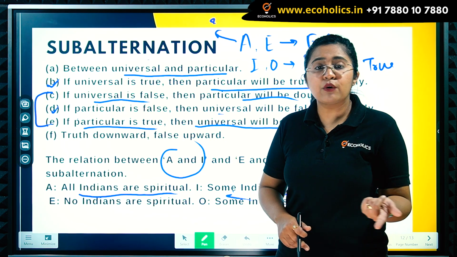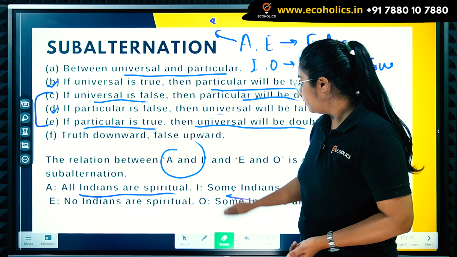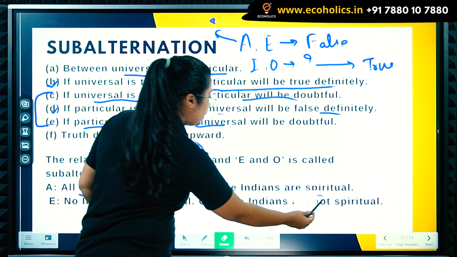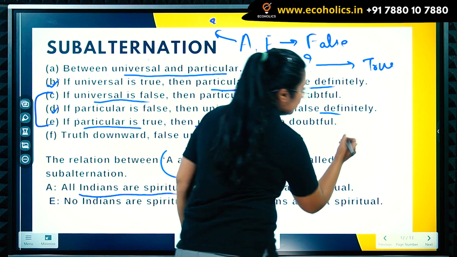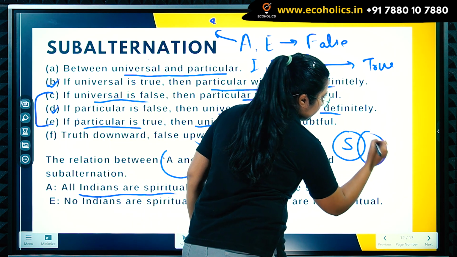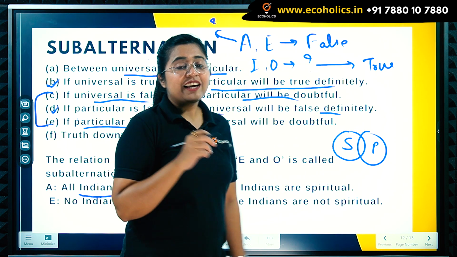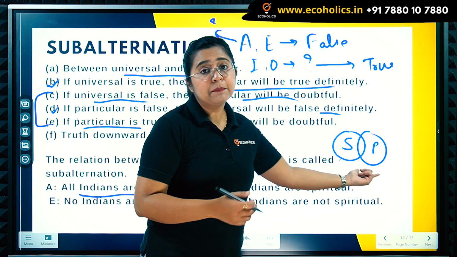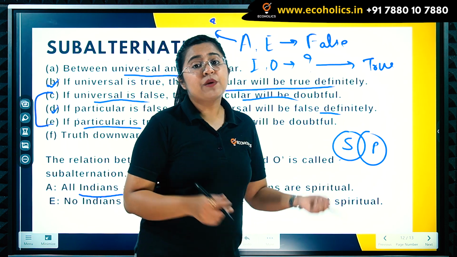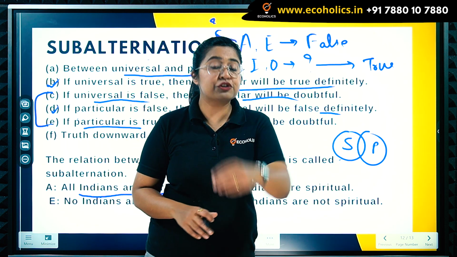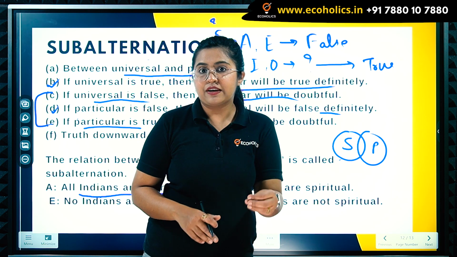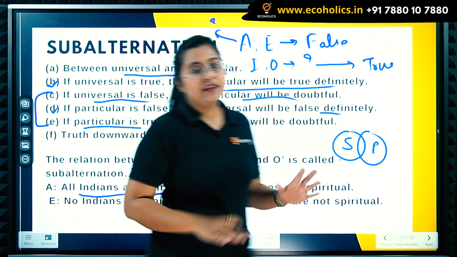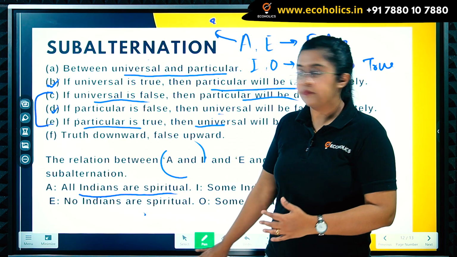Why is universal doubtful? Because we have seen that for both partially inclusive and partially exclusive Venn diagrams, we have the same type of structure, which is why we do not have enough information to prove the truthfulness or the falsehood of that statement. So that is the kind of rule.